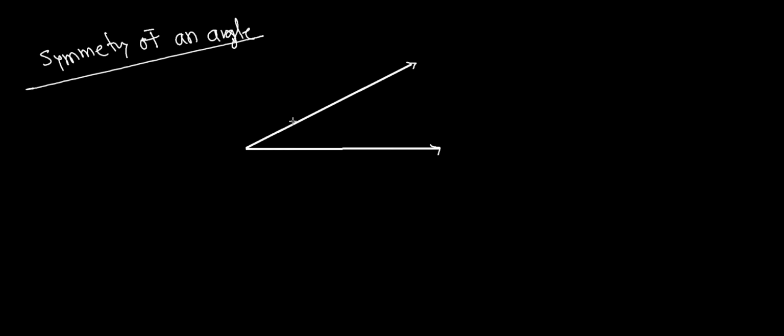This angle has one line of symmetry that passes through in between like this. We will make this dotted.